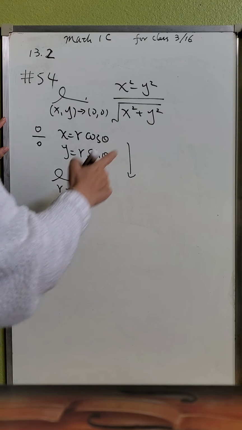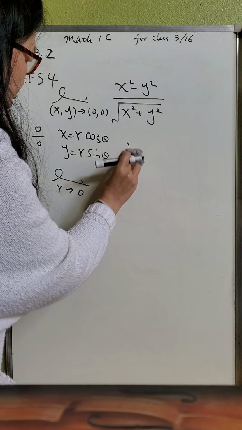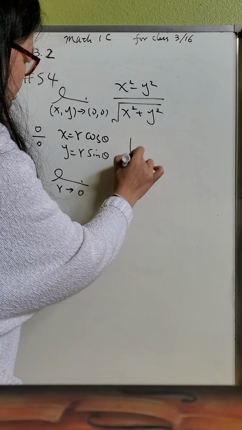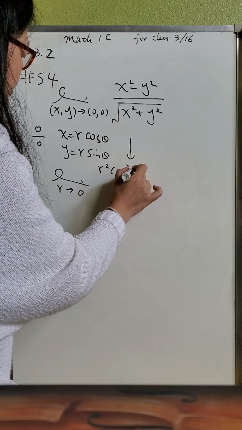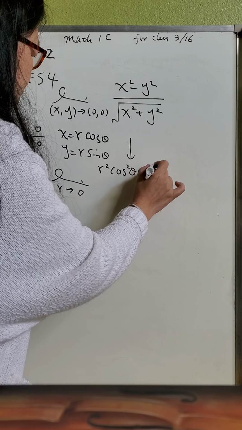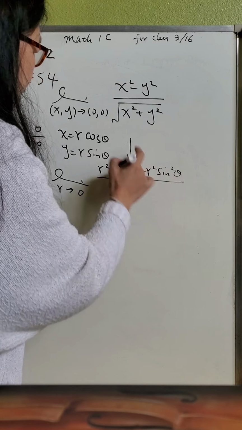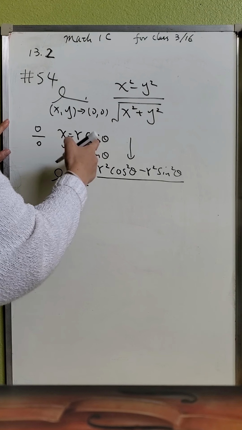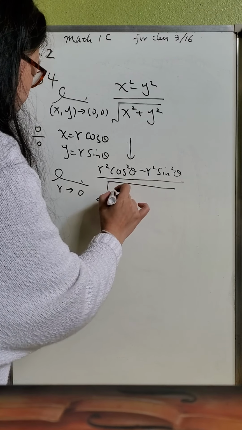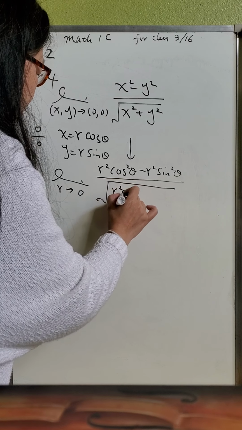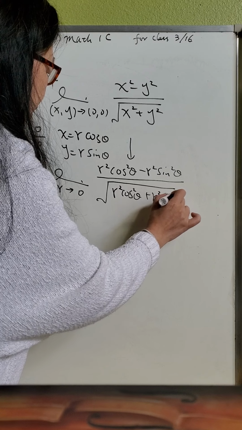Okay, and then my x, so my numerator equals r squared cosine squared theta minus r squared sine squared theta over, and I convert everything in terms of r and theta, so that becomes r squared cosine squared theta plus r squared sine squared theta.